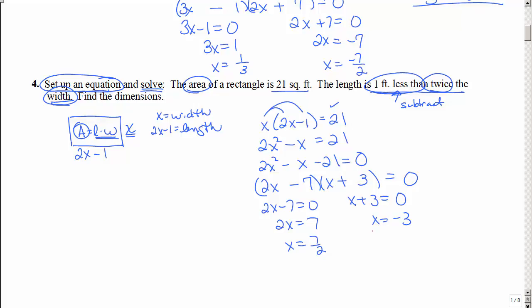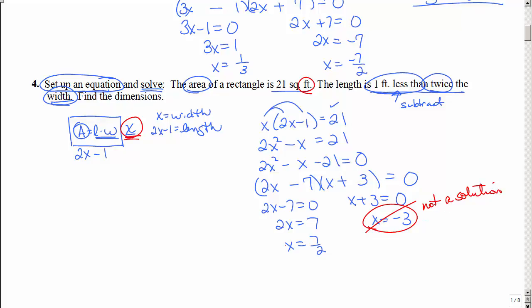Now remember, my x stands for the width. It's actually a physical quantity, and in this case it'd be 3 feet, but it's not 3, it's negative 3. Is this possible? No. That is not a solution because x represents a physical quantity of a width of a rectangle.